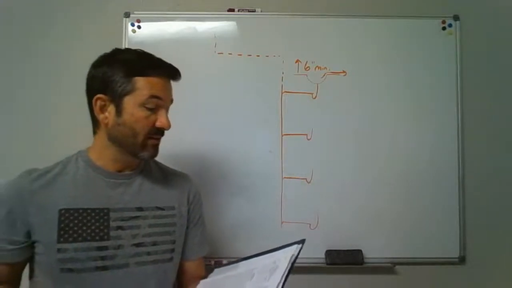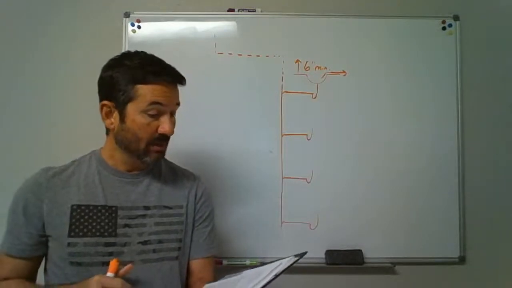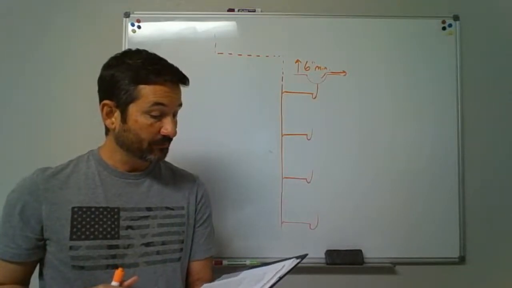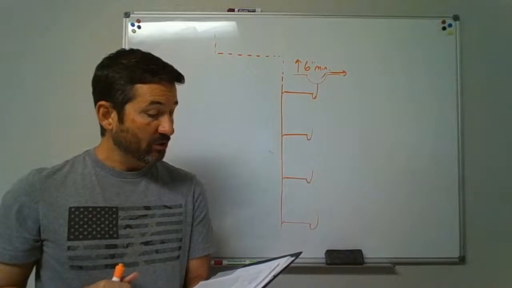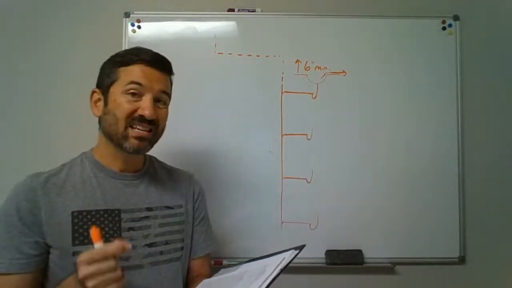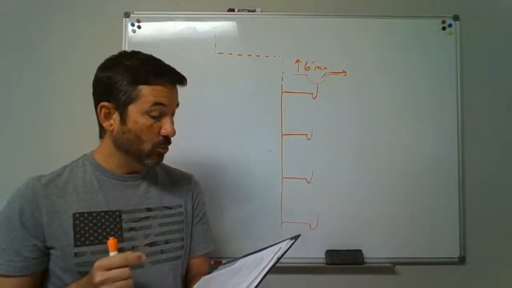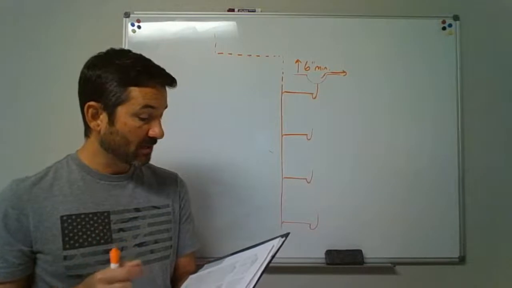The waste stack vent size, table 913.4. If you flip the page to page 80, the stack size. It gives you a stack size in inches, and then it gives you the DFU values. Now, the total discharge into one branch interval.